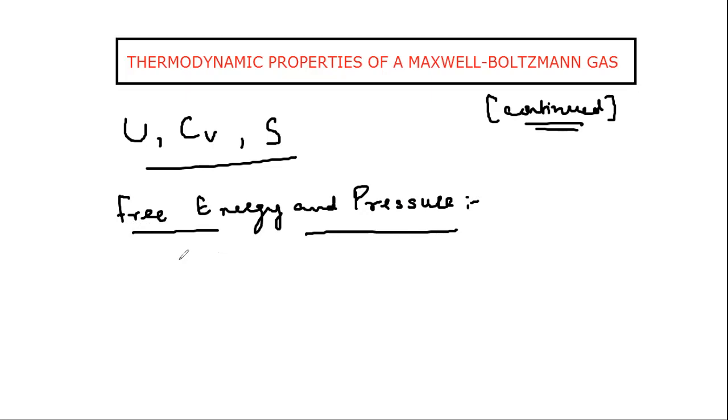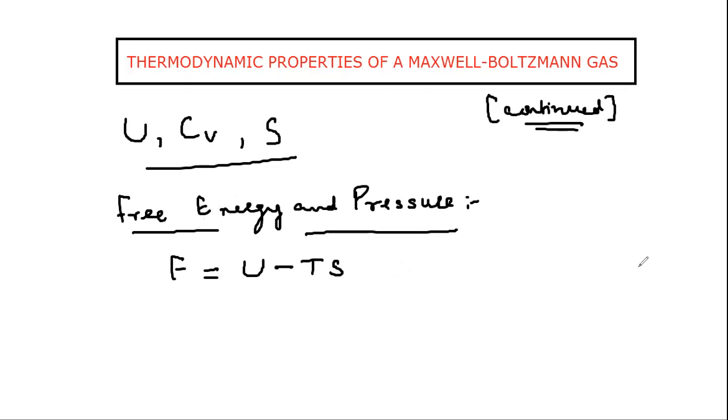Remember, Helmholtz free energy F is defined as U minus TS. S is the entropy, U is the internal energy, T is the thermodynamic temperature. So what we do, we use the expression for S, which we derived in the last lecture.